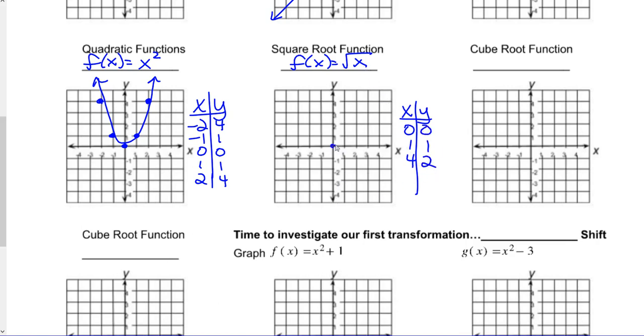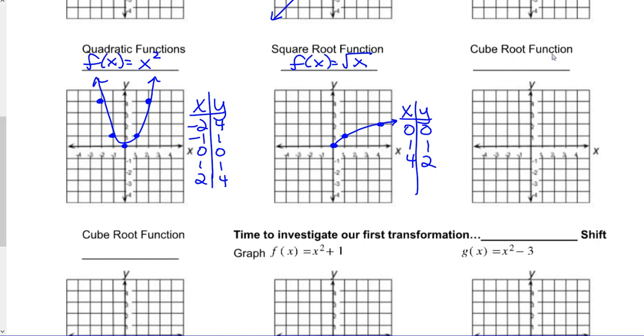So for the graph of a square root function, here's 0, 0, over 1, up 1 gives me that point, over 4 and up 2 gives me that point. The square root of x actually looks like half of this one turned on its side. If I take this portion and turn it on its side, it's going to look just like that square root function, okay? So having that t-chart there is going to be very helpful when we start transforming.